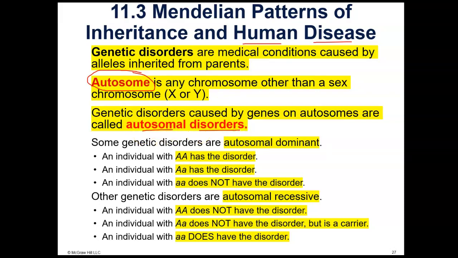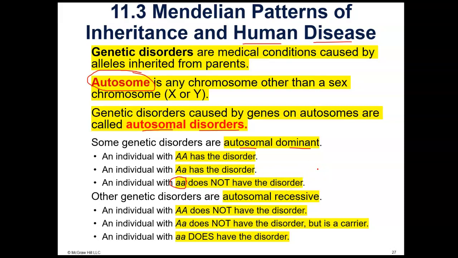Okay? So some genetic disorders are autosomal dominant, and that means that the individual who has one dominant allele has the disorder, but if the individual is recessive, like 2 little a's, they won't have it. So just one dominant allele will give you the disorder.